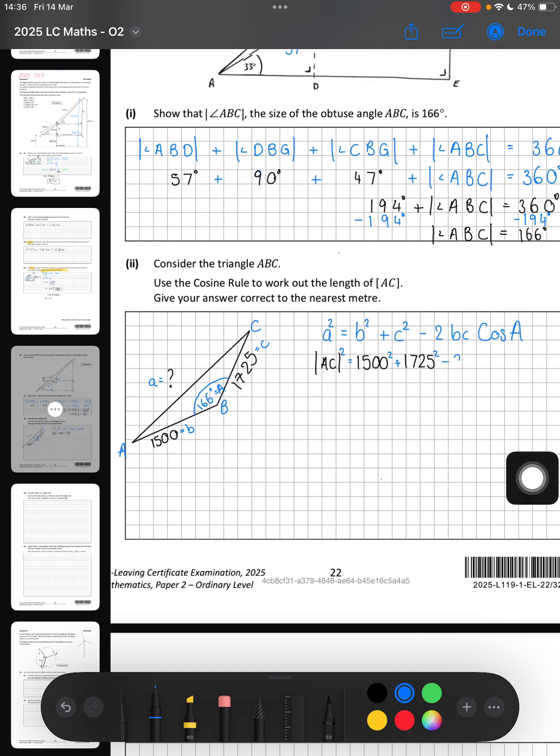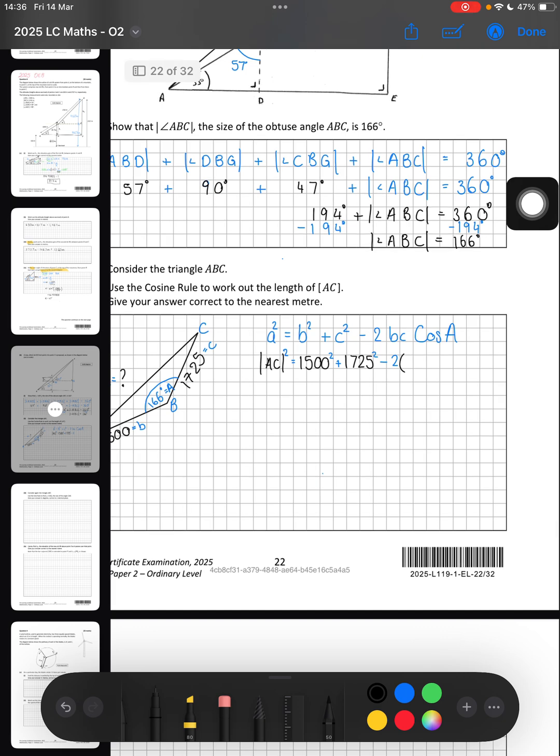And then I'm taking away 2 times B times C, so 1,500 times 1,725. And whatever my answer for all this is, it's also multiplied by the cosine of my angle, which we know is 166 degrees.